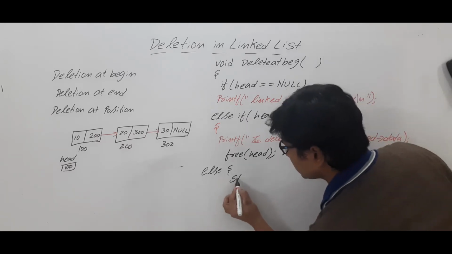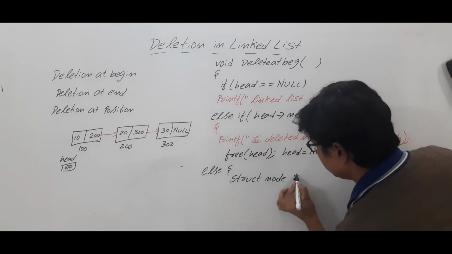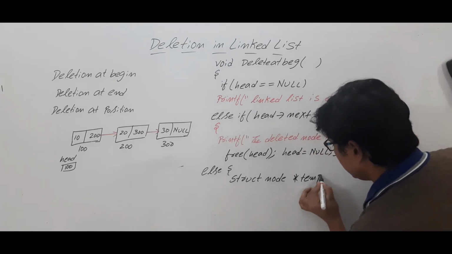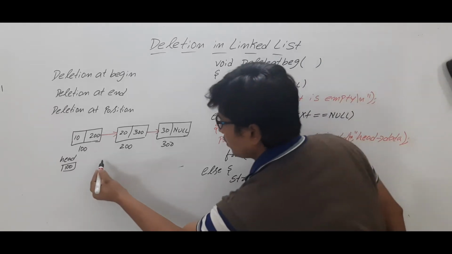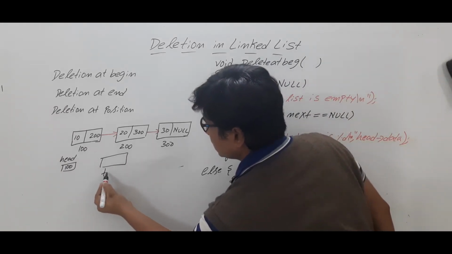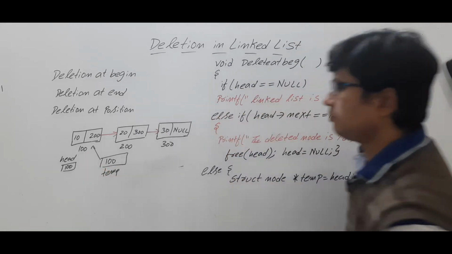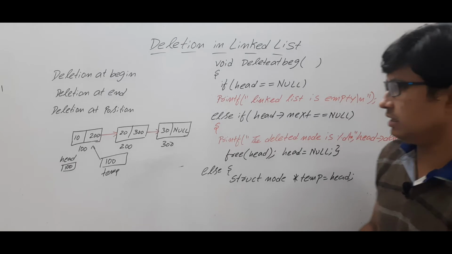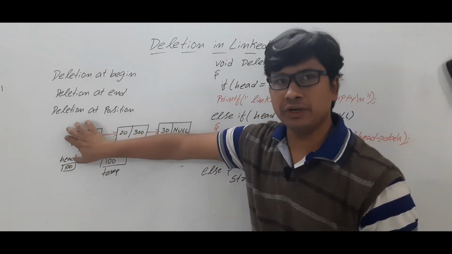declare another pointer of struct node type: struct node temp is equal to head. I will assign whatever value is there in the head to the temp. Now this temp is also pointing to the first node, because if I have to release this memory, some pointer should be pointing here.